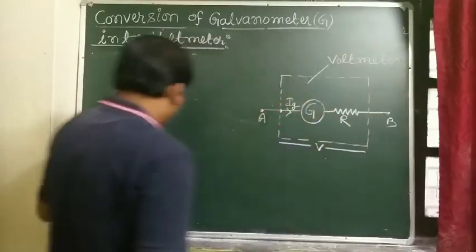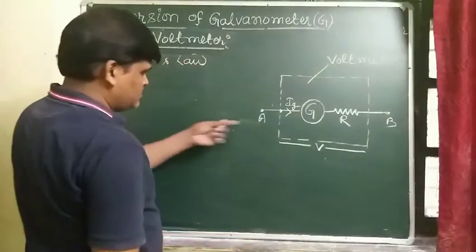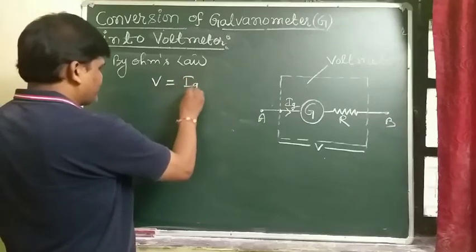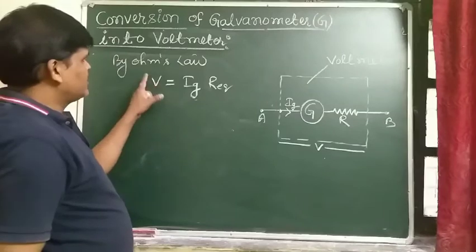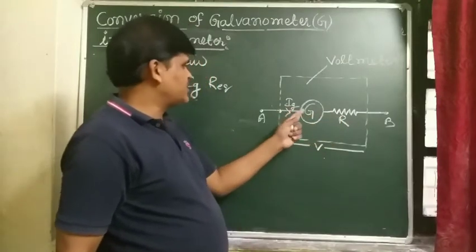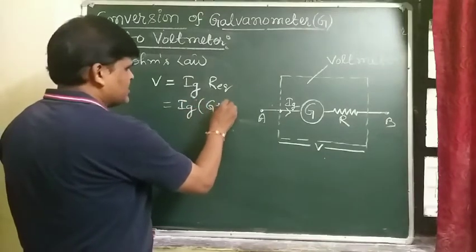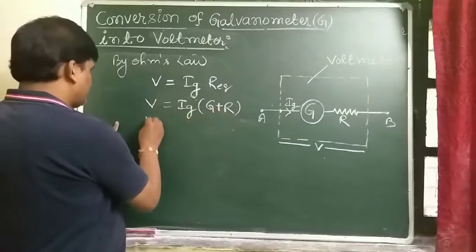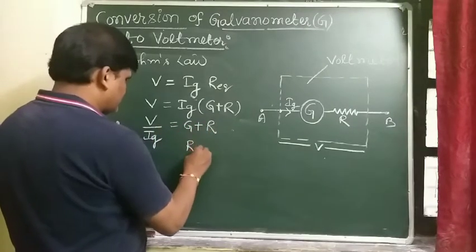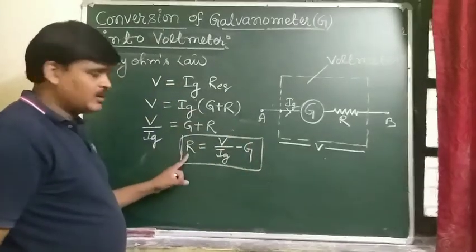So students, by Ohm's law, here V equals Ig times R equivalent, and Ig is the current flowing through G as well as R, because in a series combination the same current flows through G and R. The total resistance of the circuit connected in series is G plus R. So V equals Ig times (G plus R), and V by Ig is equal to G plus R. So R comes out to be V by Ig minus G. This is the formula for finding the high resistance from the circuit.